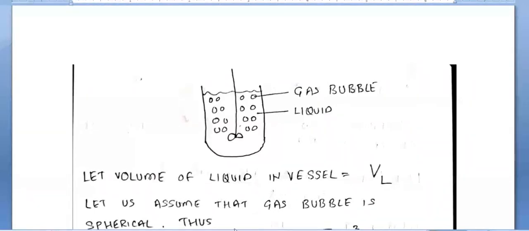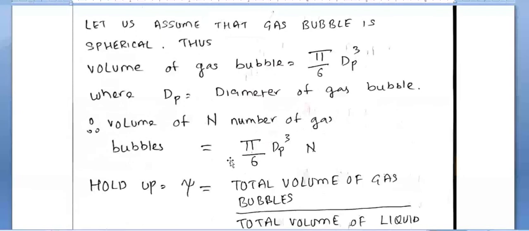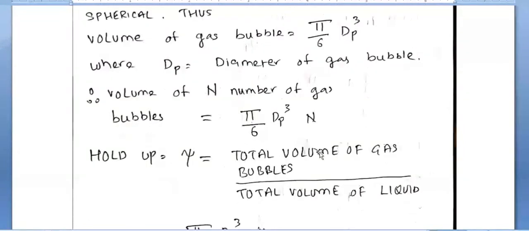Now, the volume of n number of gas bubbles is what? There are n number of gas bubbles, so n into the volume of each gas bubble. Now, hold up means what? The amount of gas holding capacity in the reactor is important. Hold up, psi, is equal to the total volume of the gas divided by the total volume of the liquid. What is the total volume of the gas?